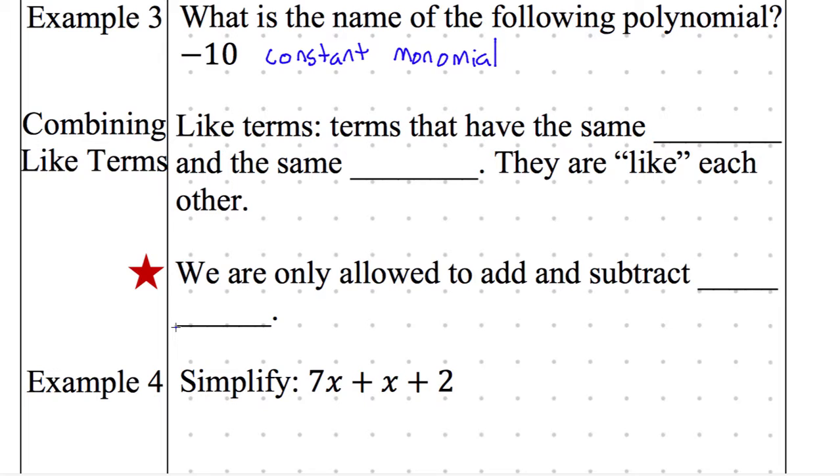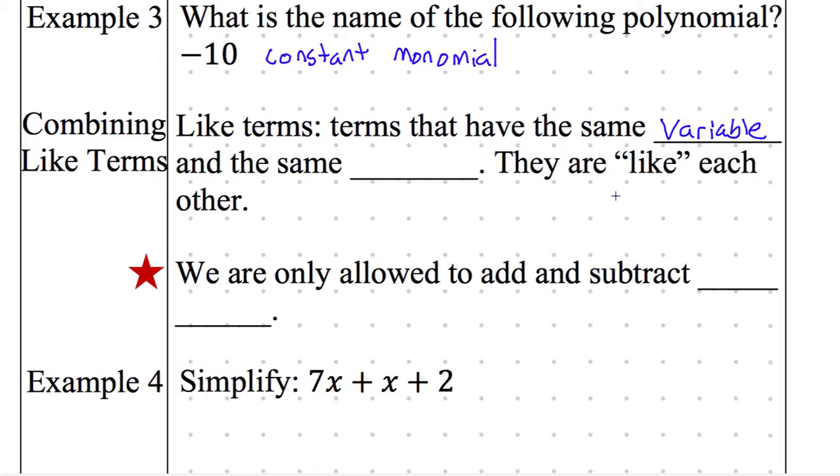Question, Gunnar? Oh, ready to answer already? All right, go for it. Like terms. What are like terms? The same. You're really, really close. So say what you just said for the first time. The same variable, that is one of them.